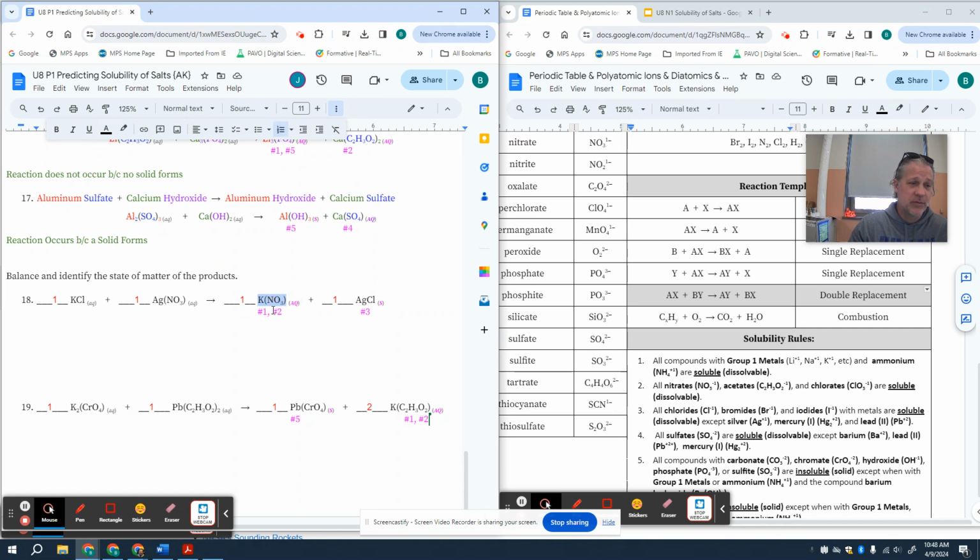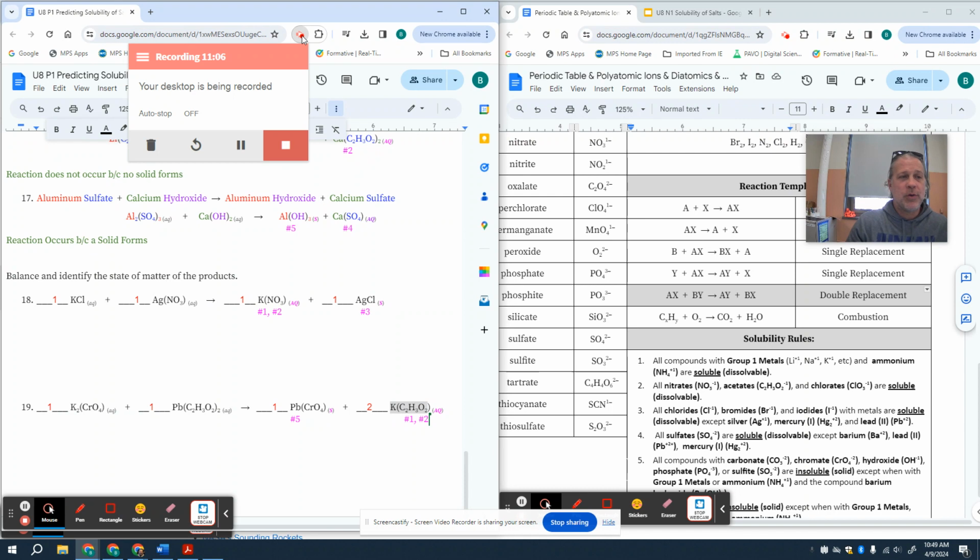KNO3 is aqueous because of rule number 1 and number 2. AgCl is aqueous because of rule number 3. Number 19 was balanced 1, 1, 1, 2. PbCrO4 is a solid because of rule number 5, and KC2H3O2 is aqueous because of rule number 1 and/or rule number 2. So at this point, I've gone through every single answer on this worksheet, and hopefully now you feel a little bit more confident with how these problems work.